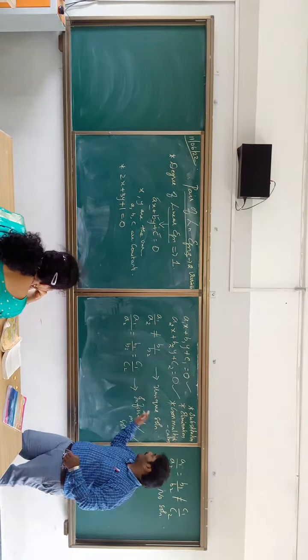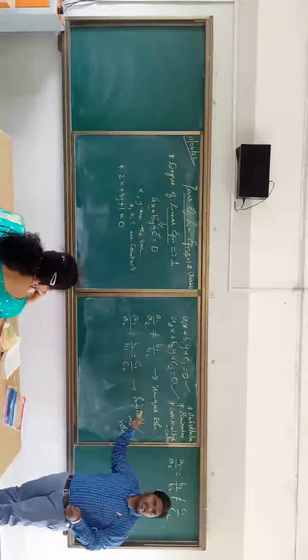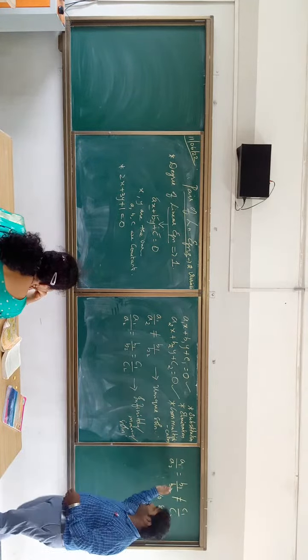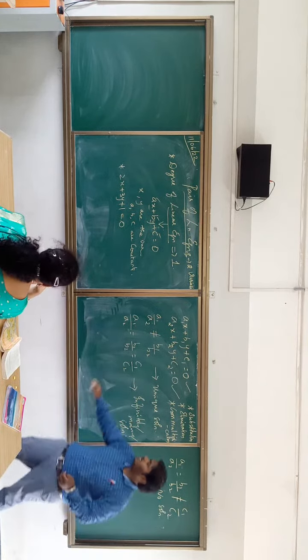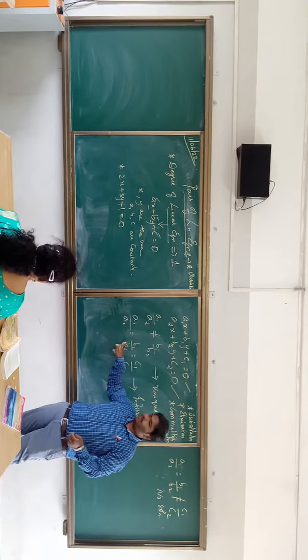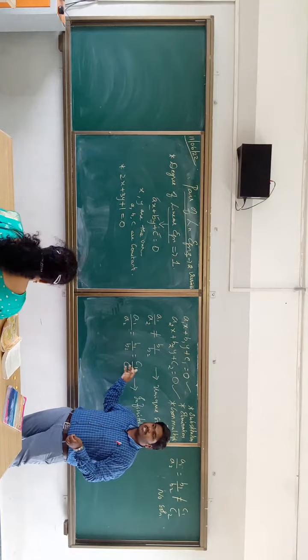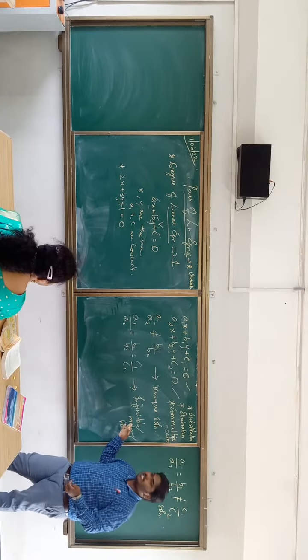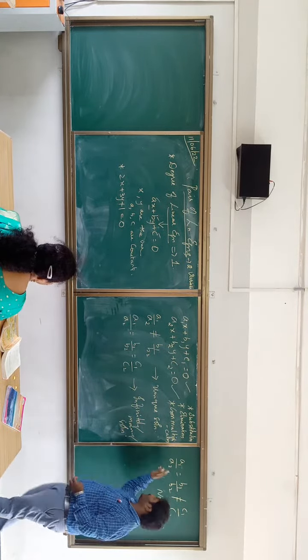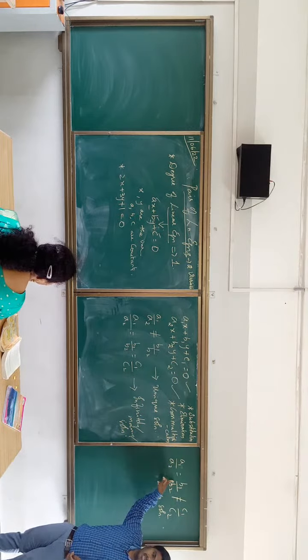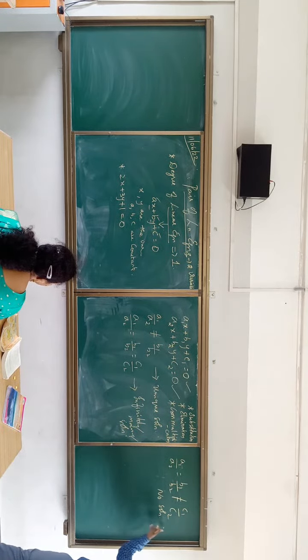Let me explain later what unique solution, infinitely many solutions, and no solution are. Next, if a1 by a2 equals b1 by b2 and equals c1 by c2 also, then it has infinitely many solutions. If the first two ratios are equal and the last one is unequal, then it has no solution.